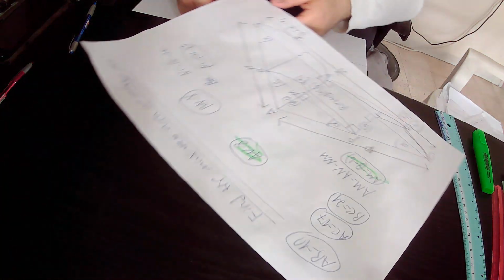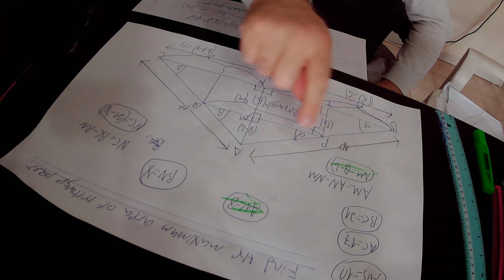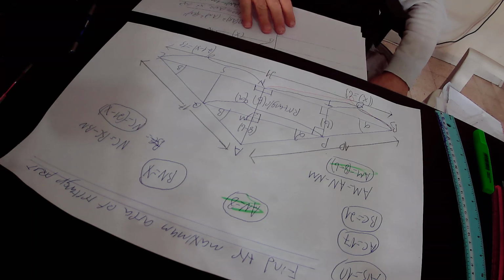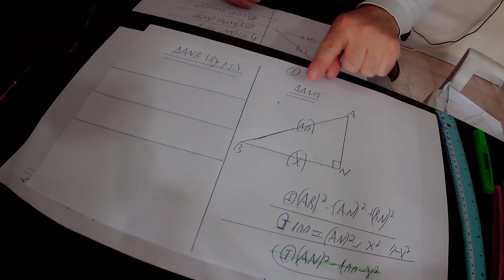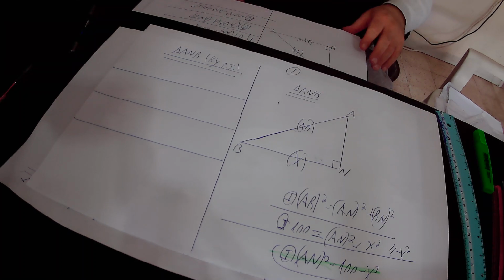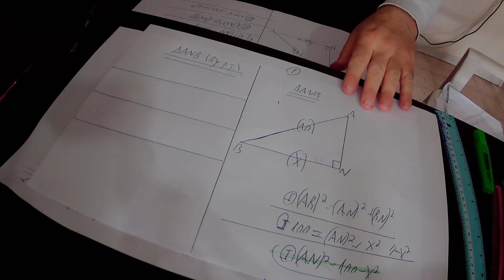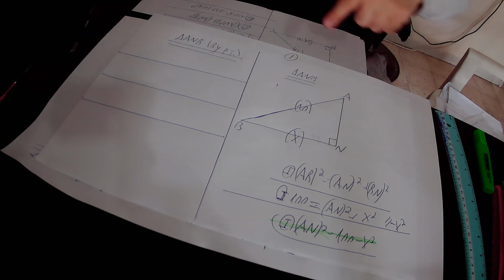Okay. In the next step, I copied this right triangle ABN in a new page, and represented the Pythagoras theorem in this triangle ABN. In this right triangle ABN, according to the Pythagoras theorem, AB squared equals AN squared plus BN squared.